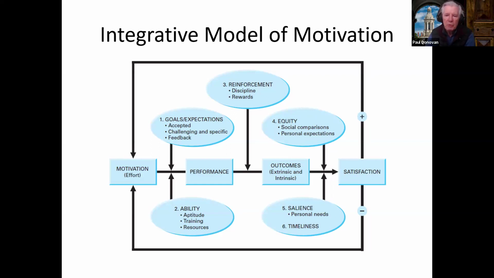In the section below, number 5, salience and personal needs. This is our famous two theories, Maslow and Hertzberg. Maslow's hierarchy of needs and Hertzberg's two-factor theory. So basically the question here is, are these outcomes something that I desire and give me satisfaction?